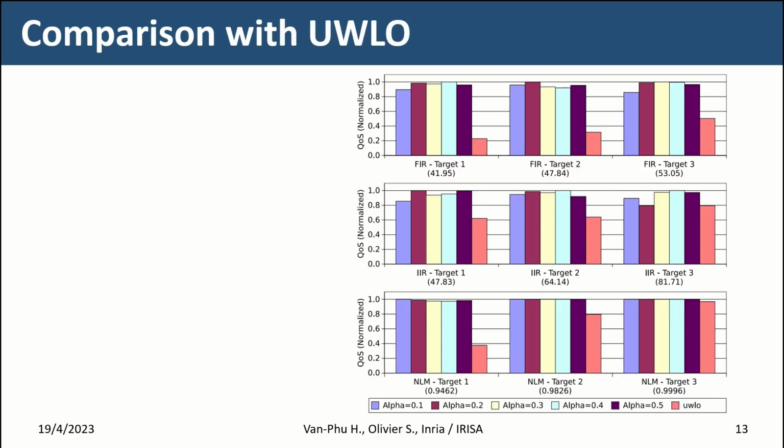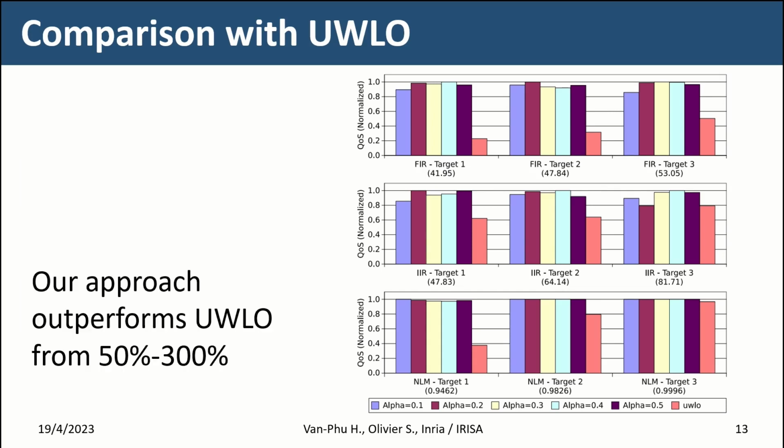We compared the performance of our approach with uniform work length optimization, a simple and fast method that considers all the variables as having the same work length. This figure represents a performance comparison between our approach and uniform work length optimization in terms of the quality of the results for different benchmarks. The results are normalized with the highest quality value indicated in the parentheses for each benchmark.